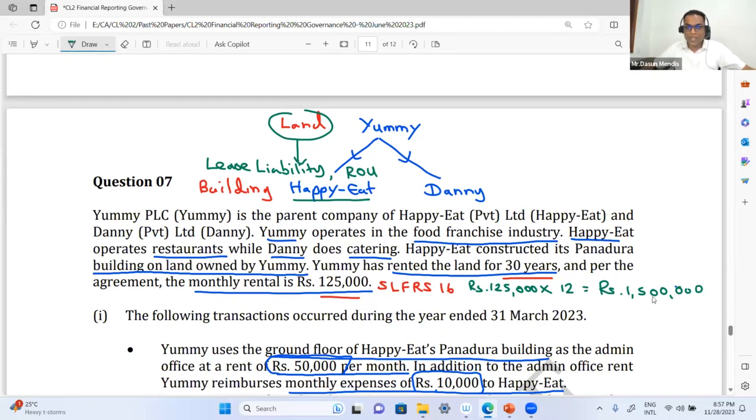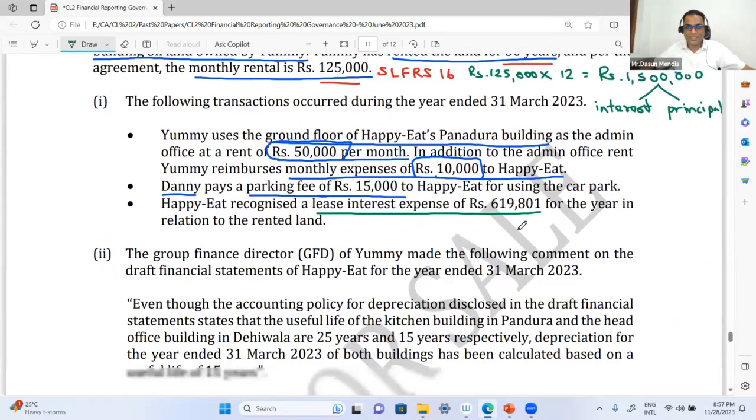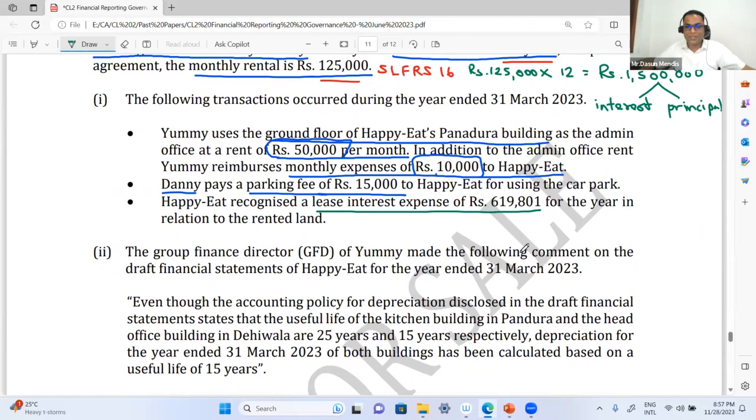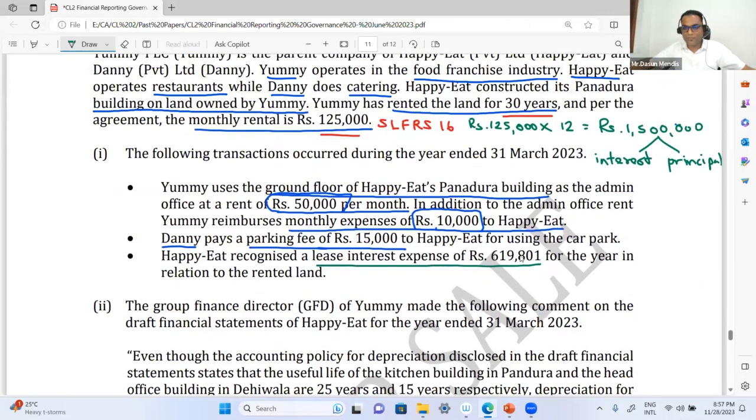This 1.5 million consists of two parts, right? The interest component and the principal. So the interest component value is given: 619,801.